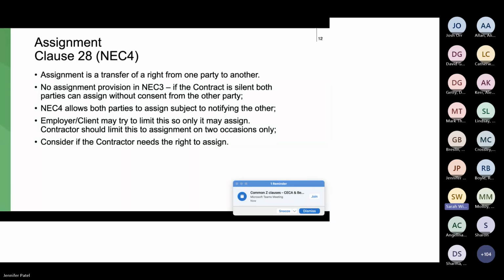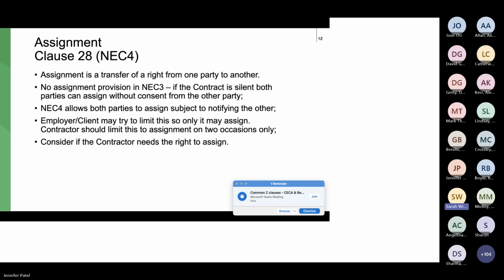Okay, assignment is about transferring a right from one party to another. So usually we're talking about the assignment of the contract in this case. So there are no provisions in NEC3, so typically we see them included.